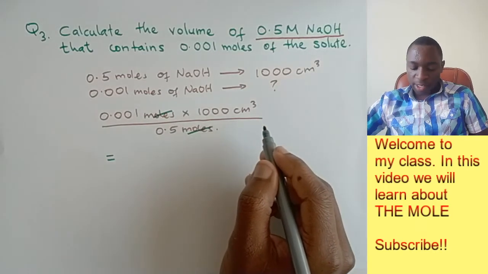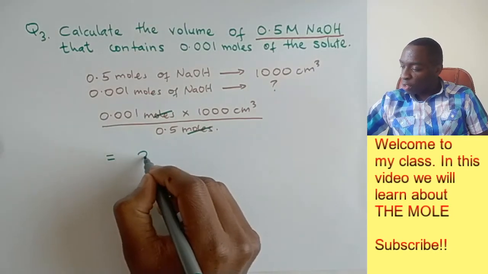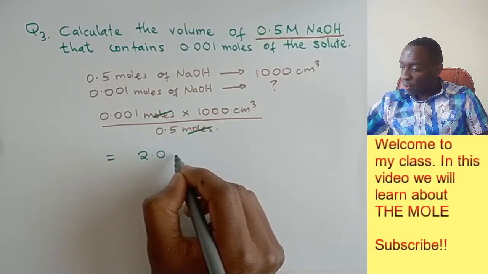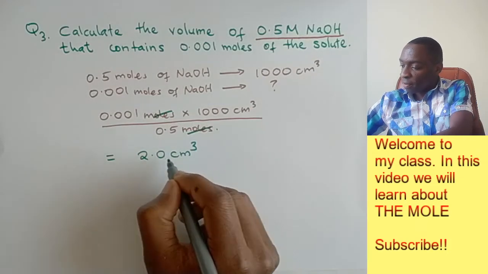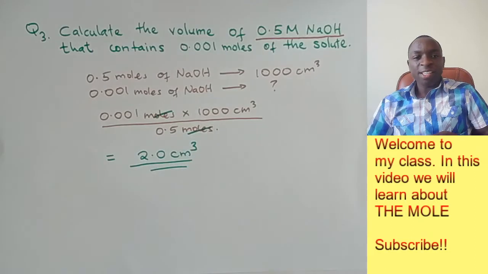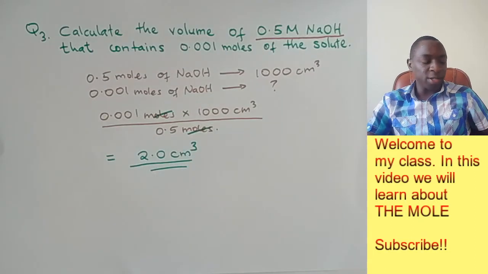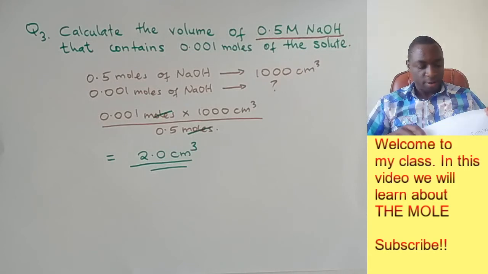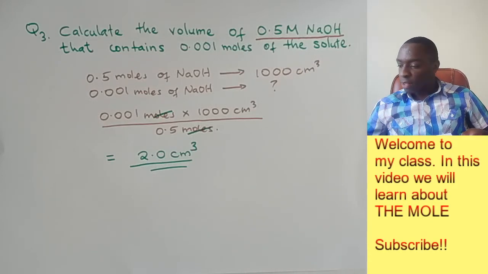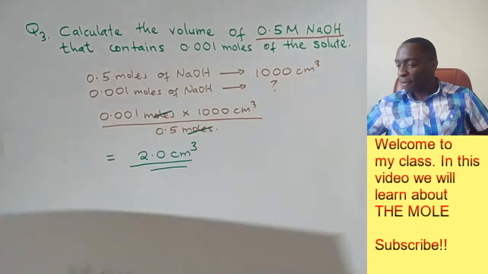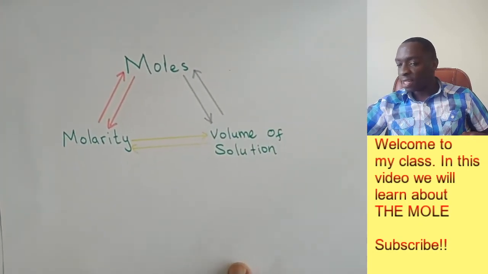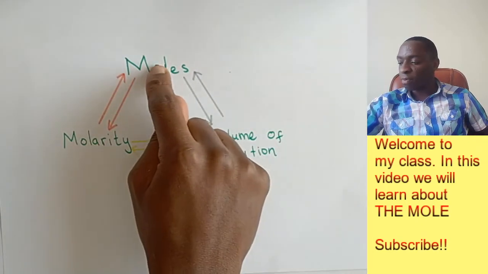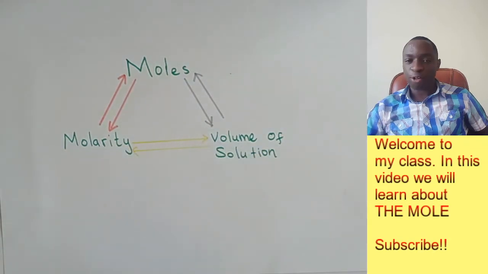So once you do this, you'll end up with 2.0 centimeters cubed. So that is how you convert between moles, molarity, and the volume of solution. So you can see that we have been able to convert between the moles, the molarity, and the volume of solution.